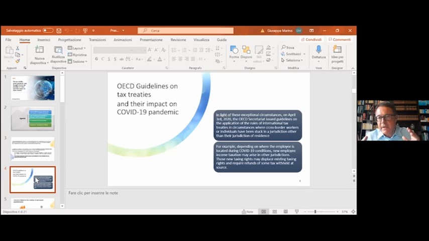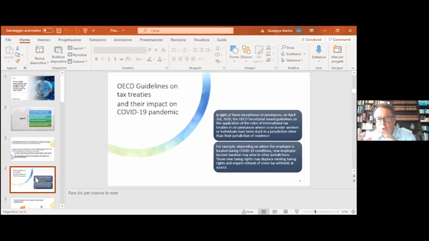So it is not smart working, because if it were smart working, I think it would have been so smart as to cover also tax issues. But it is remote working, and remote working is something different, as Isabel was saying.